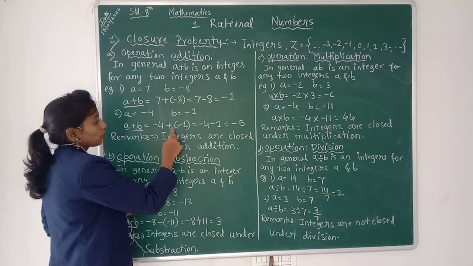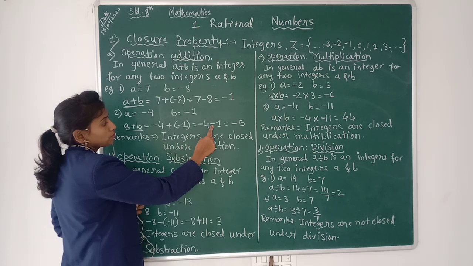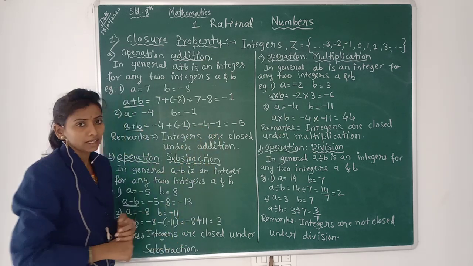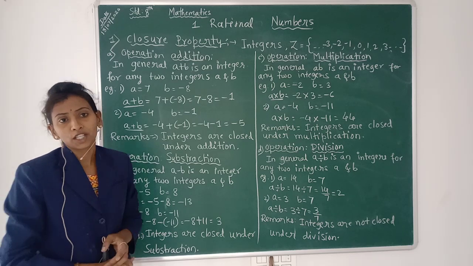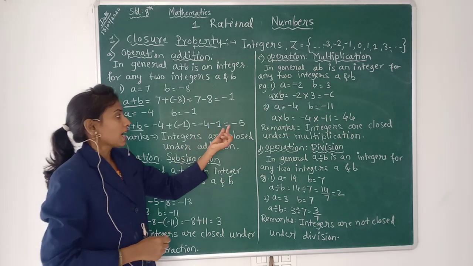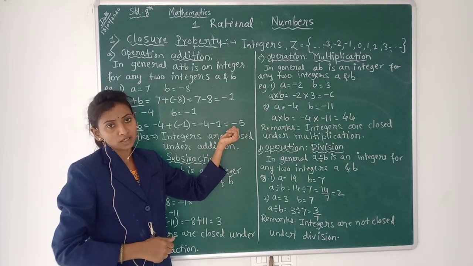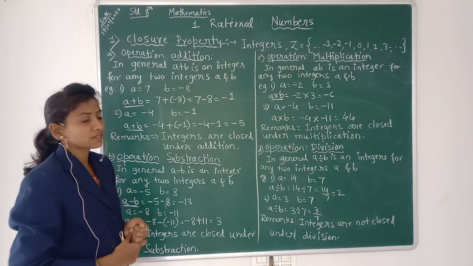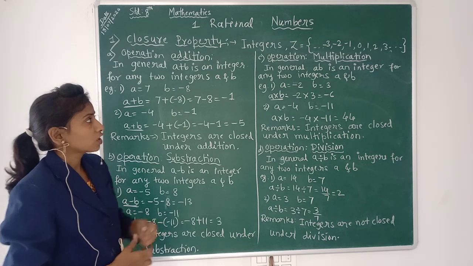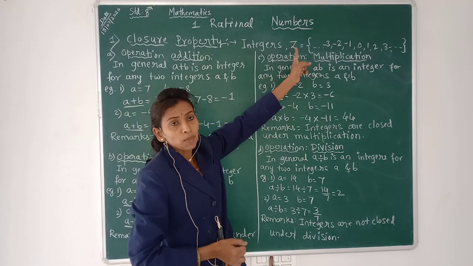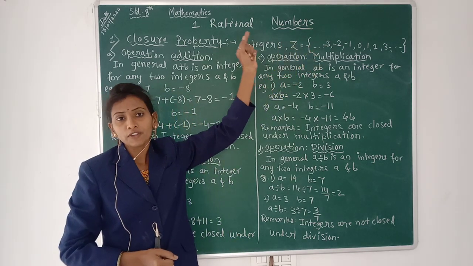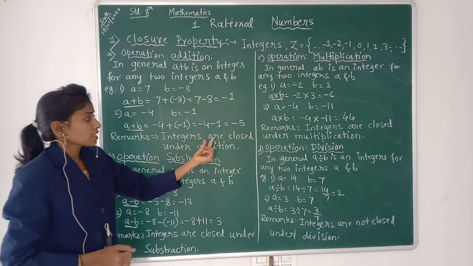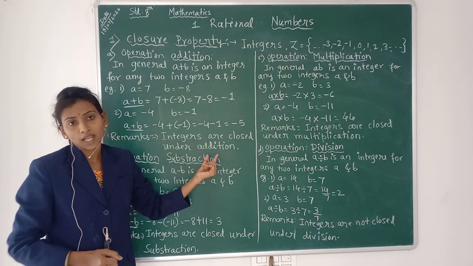Sign operation: plus into minus is minus. So minus 4 plus minus 1. Both are negative, so we add and keep the sign minus, which gives minus 5. Minus 5 is in the set of integers, so we conclude that integers are closed under addition.